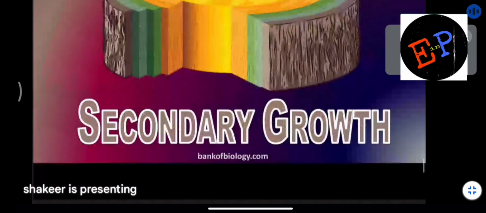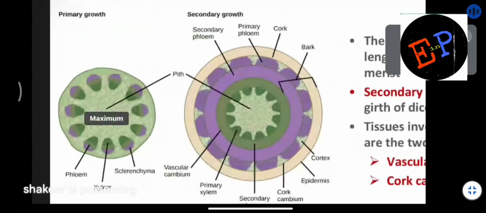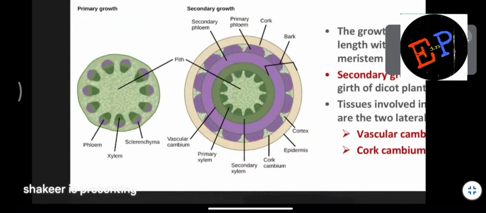Then we are studying the next topic, which is called secondary growth. Now see the structures present here. Phloem is present, xylem is present, sclerenchymatous cells are present. And here you can find this pith.